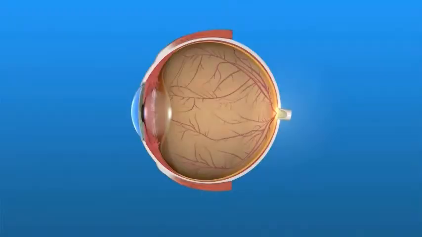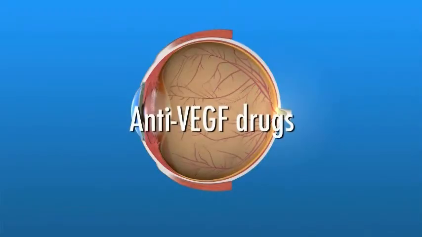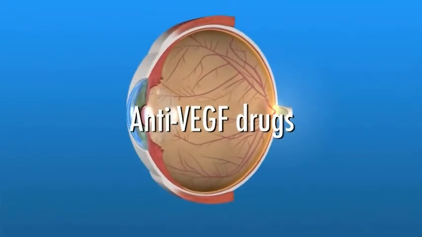Medication injection therapy is also being used to treat macular edema. 2 drugs, steroids and anti-VEGF agents, have shown promise in reducing diabetic macular edema. Anti-VEGF drugs target a specific chemical in your eye.